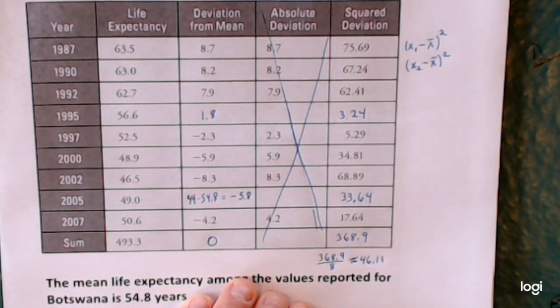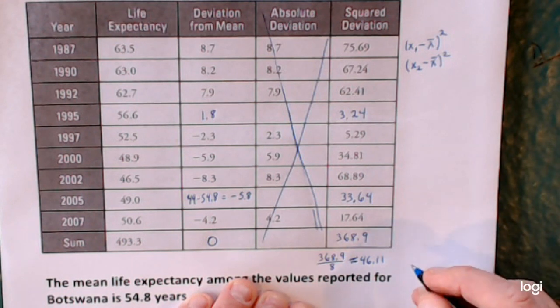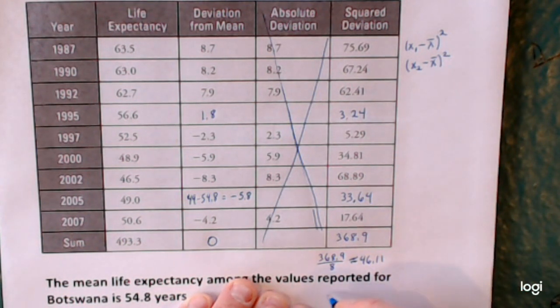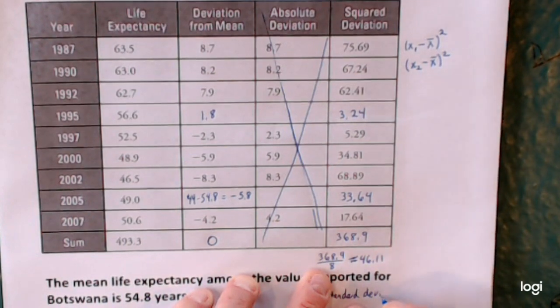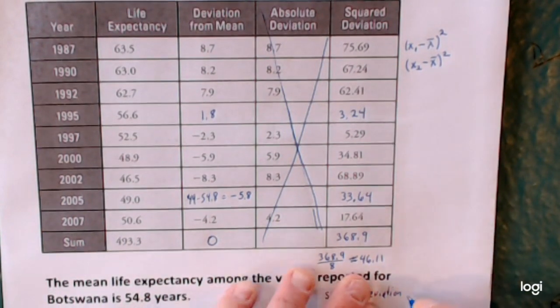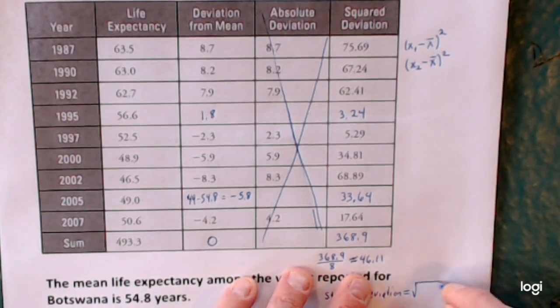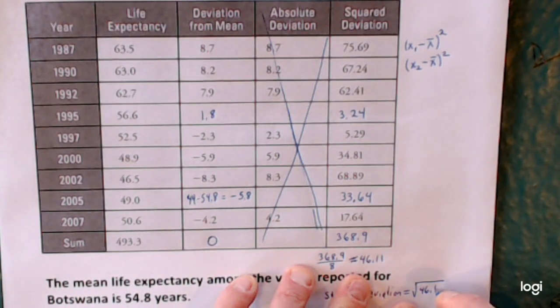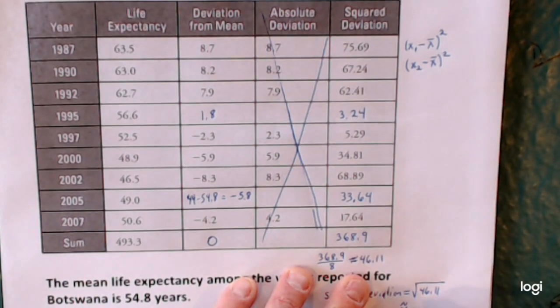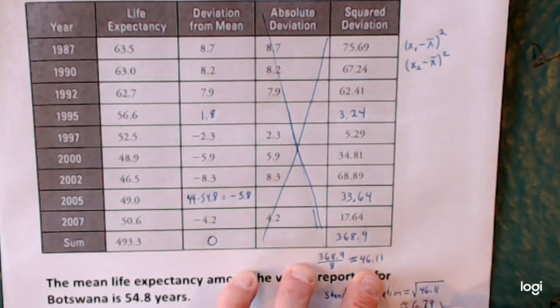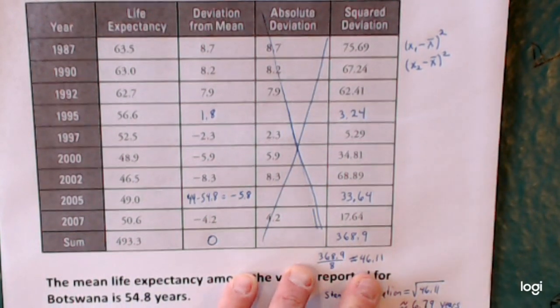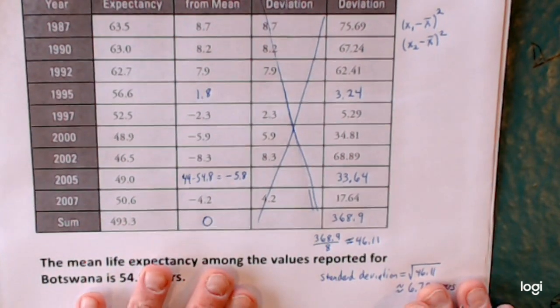And then the last step in my calculation is I take the square root, and that gives me the standard deviation. And that gives me about 6.79. And the units are years.